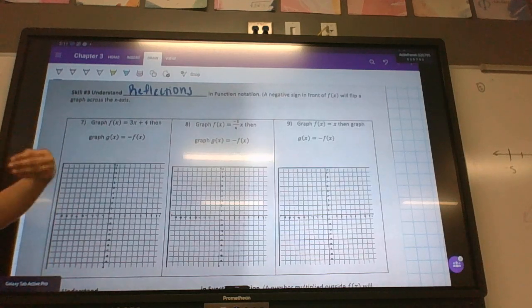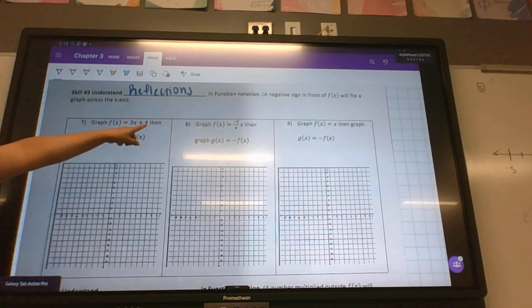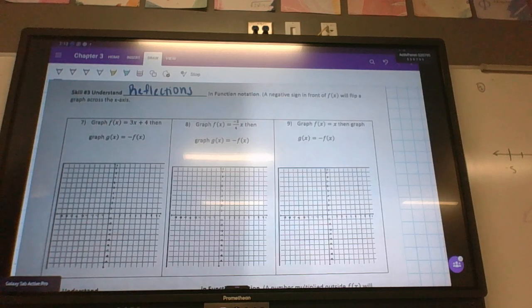So, once again, graph the first one on your own. We've already graphed this exact line. 3x plus 4. You should know where to begin and which to do rise over run. So start with the original f of x, and then I will show you how to reflect it.